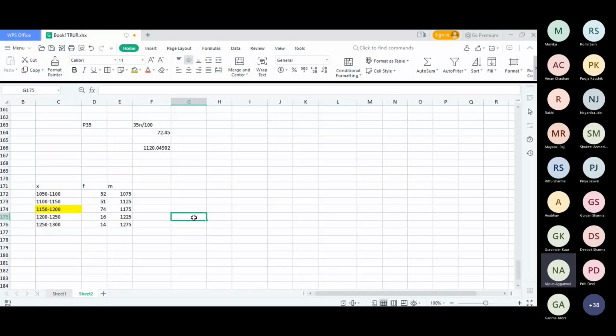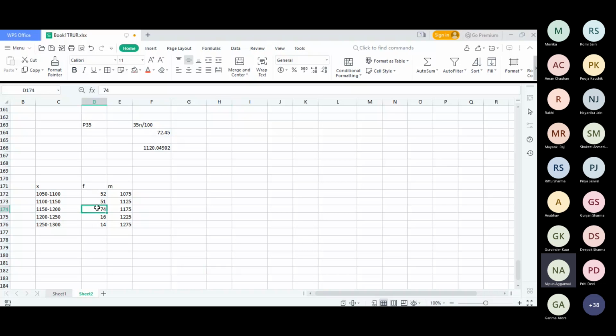So if we have X, F, and M, we want to calculate the mode of this particular data. Here again, you have to see the maximum frequency. The maximum frequency is this 74.